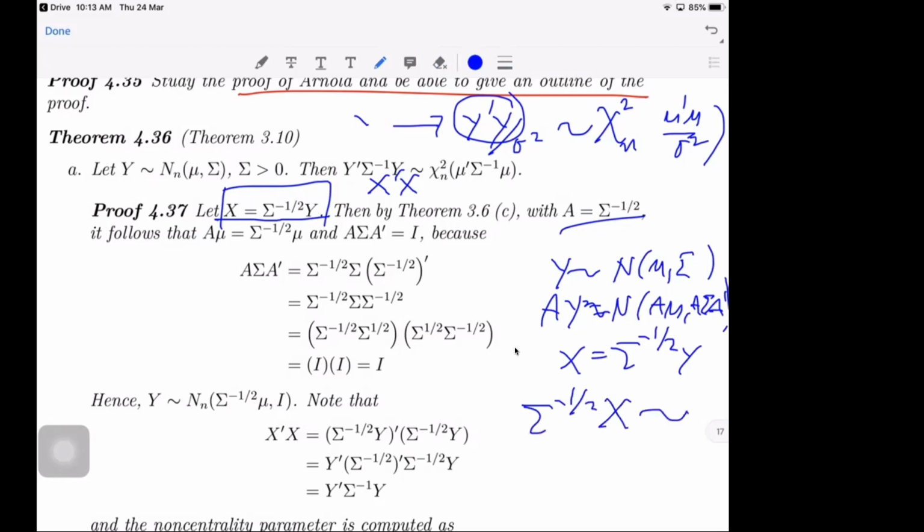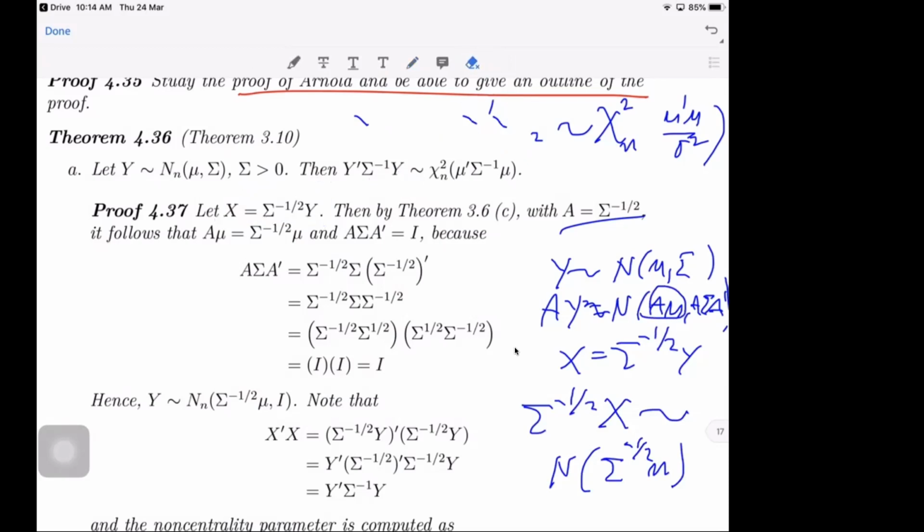So the parameter is still normal, with sigma raised to the 1/2 mu, no? So this is your A mu. Our A mu there will be sigma raised to the 1/2 mu. And our A sigma A prime will just be the identity.